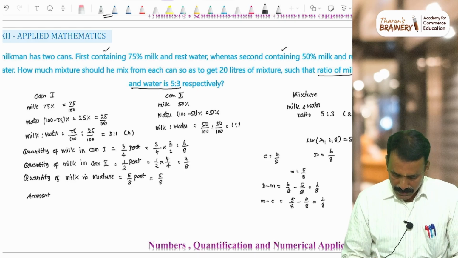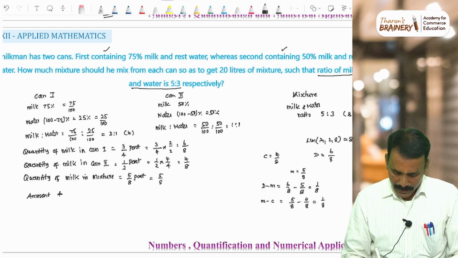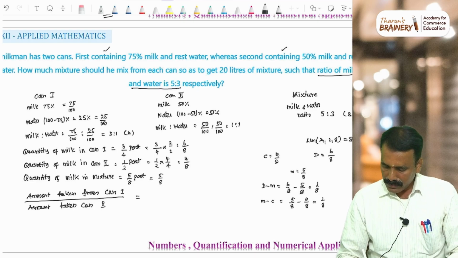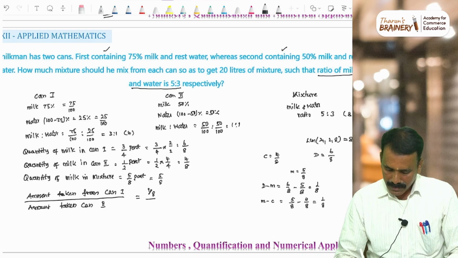So the amount or quantity taken from can 1 divided by the amount or quantity taken from can 2 is equal to 1 by 8 by 1 by 8. That is nothing but 1 by 1.